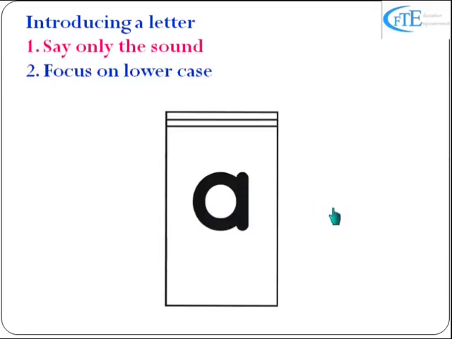Hold up the card and say the sound, eh, eh, eh. The letter could also be written on a whiteboard or a blackboard or a slate so that the child notices the finger movement.